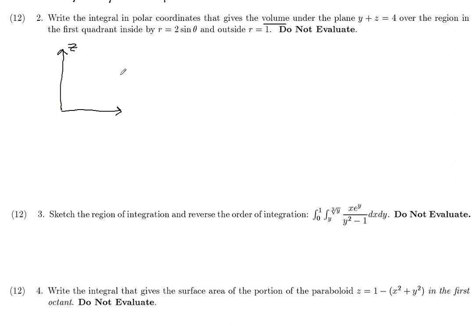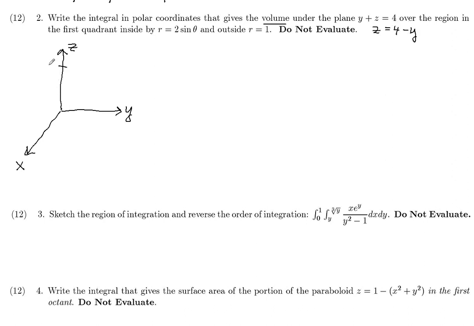So here's the z-axis. Let's see here, we've got the y-axis out here. The x-axis is coming straight out. And y plus z equals 4. So in the yz plane, this is just a line. In fact, that's the line z equals 4 minus y, which has a y-intercept of 4, and then your slope is negative 1.